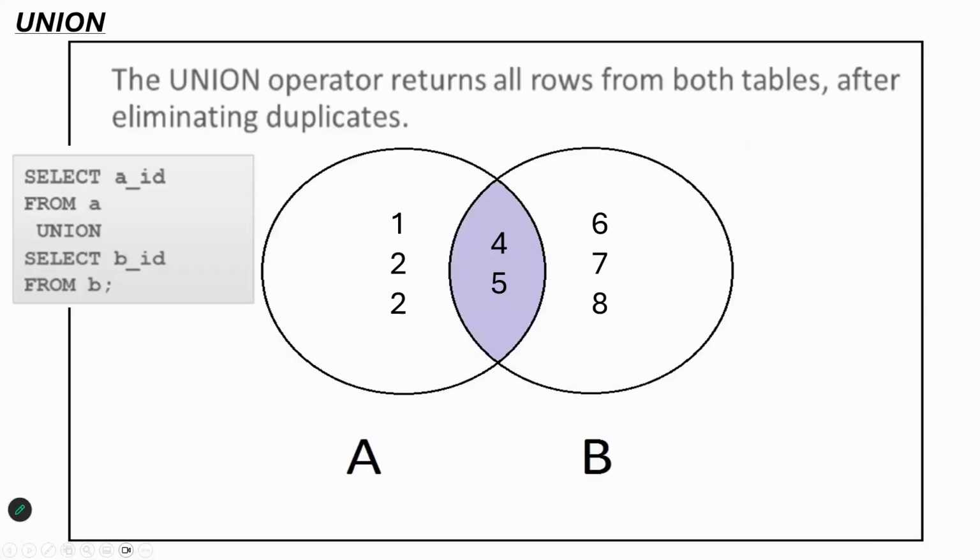The union set operator returns all rows from both tables after eliminating duplicates. Remember that. So the query you see there: select A ID, this is our ID from those very complicated tables, union, select B ID, and that is the syntax.